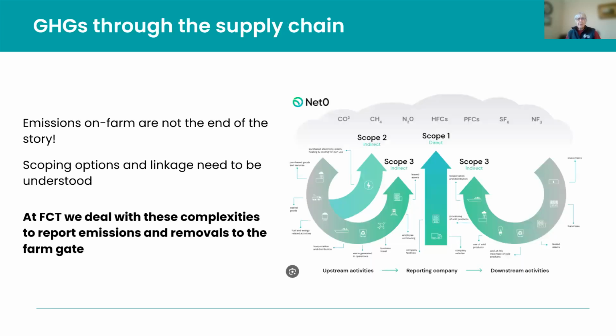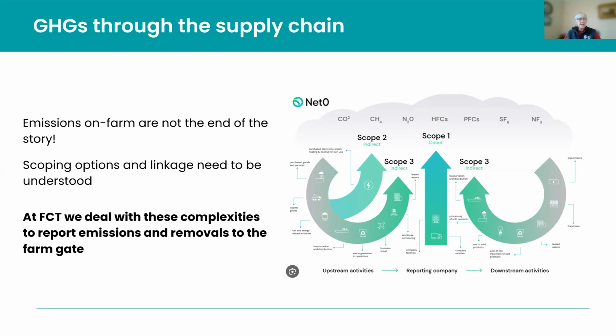This next slide may look a bit busy, and I won't dwell on it long, but it's just to say that within agriculture, the actual emissions on the farm are what we call scope 1 emissions, but we also have to look outside that at scope 2 and scope 3 emissions. That's why businesses that buy from farmers are trying to add together the emissions all along the chain to the consumer.